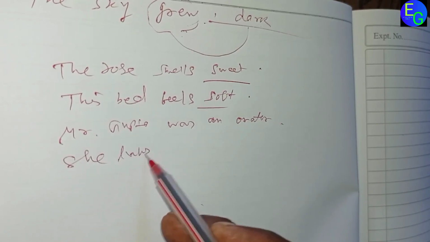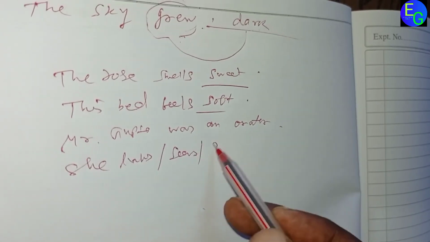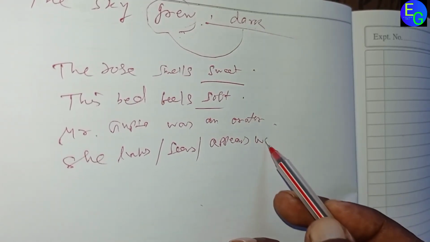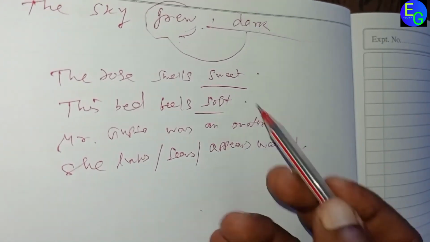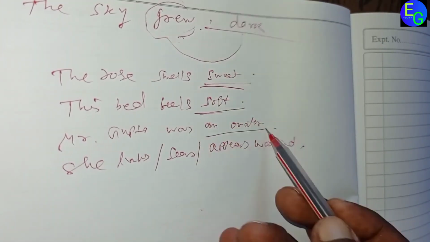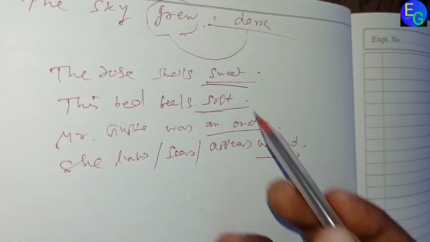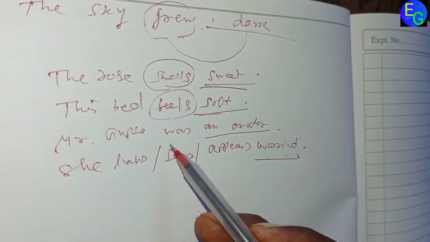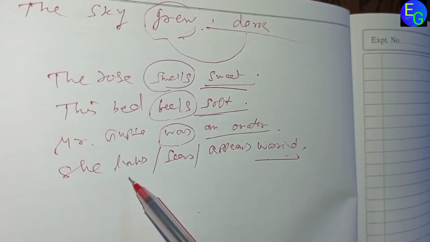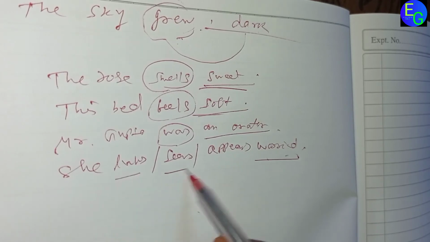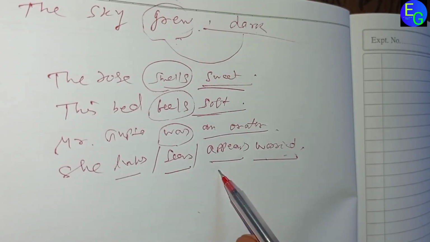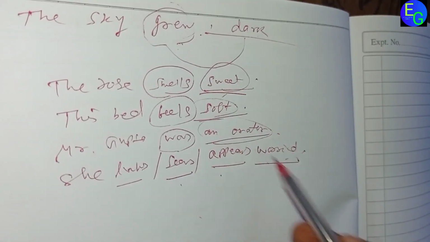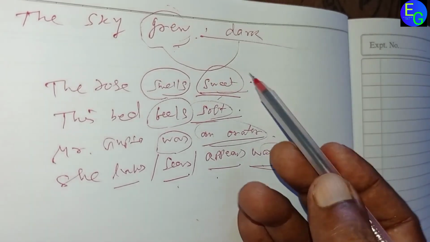She looks or seems or appears worried. Here you see some words like sweet, soft, an orator, worried. These words come after the verbs smells, feels, was which is the be verb, or looks, seems, appears, etc. The words which come after these verbs are not objects, they are complements.